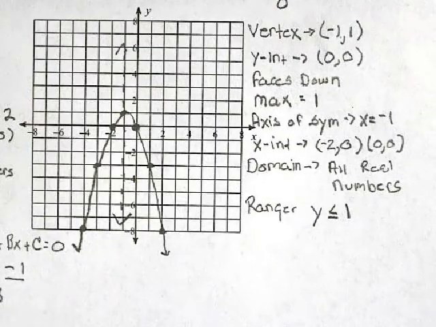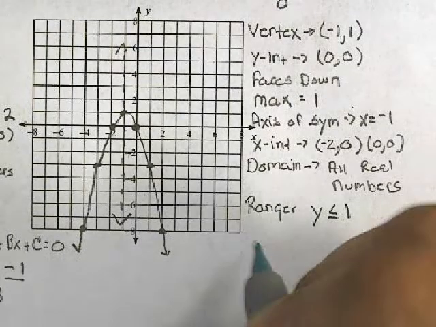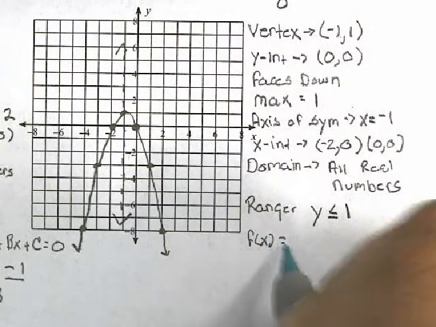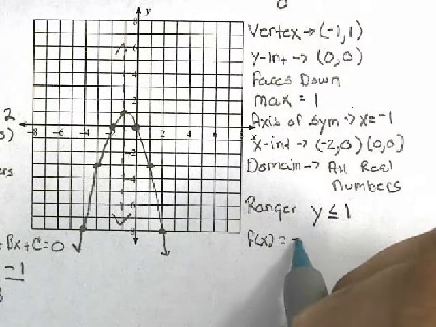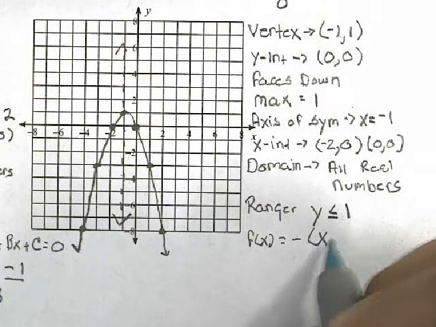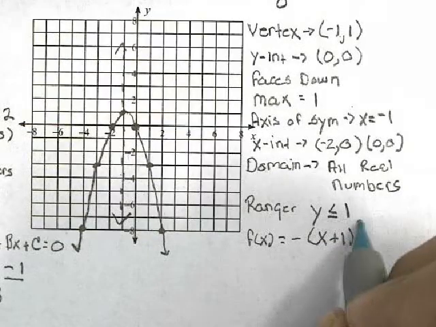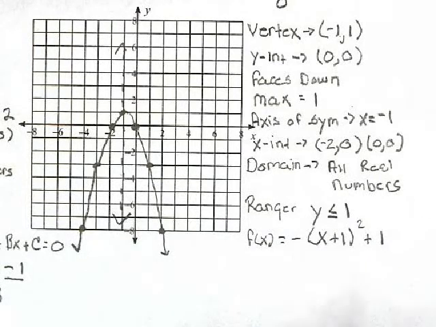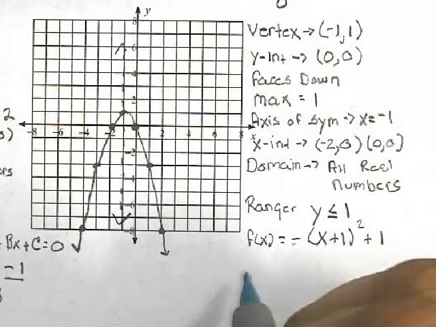Now, let's change it to standard form. f of x is equal to basically negative 1 times (x plus 1) squared plus 1. Alright, this time we're going to have to distribute.